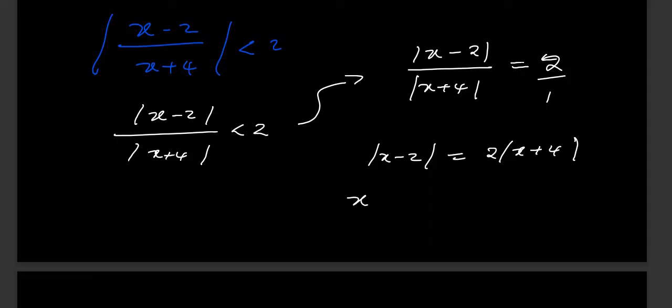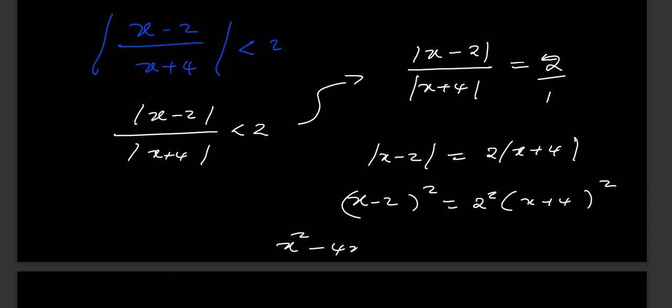This is going to give us (x minus 2) squared is equal to 2 squared times (x plus 4) squared. This will be x squared minus 4x plus 4, equal to 4 times x squared plus 8x plus 16.